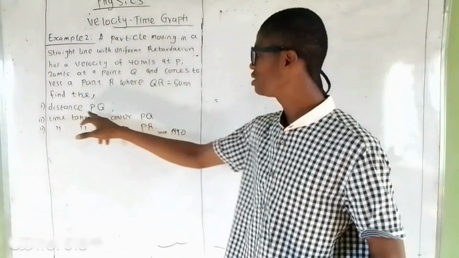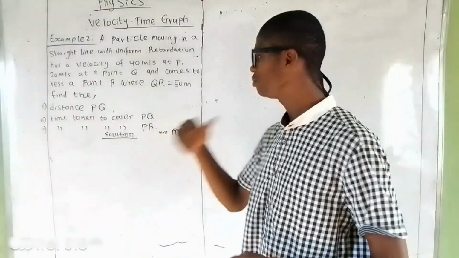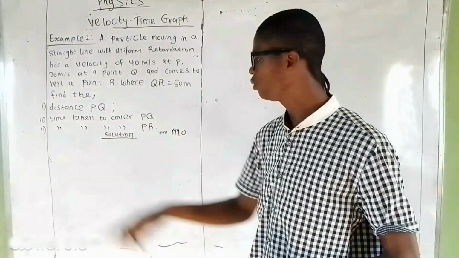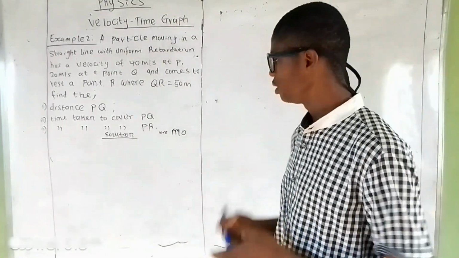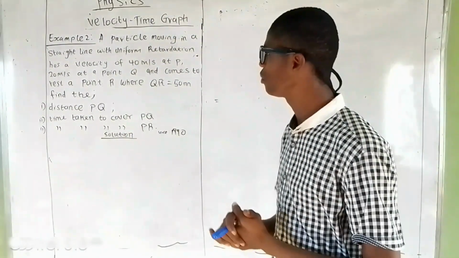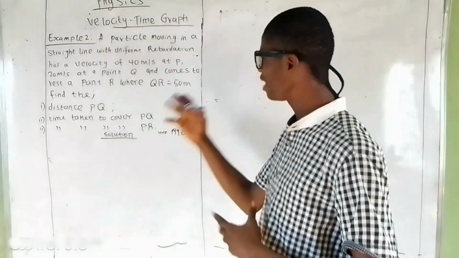They say find the distance between P and Q, the time taken to cover PQ, and the time taken to cover PR. Let's see, with the knowledge we got from the previous lectures, how to solve this.